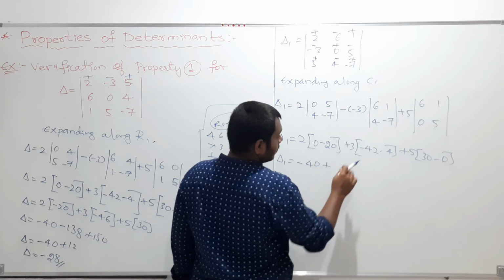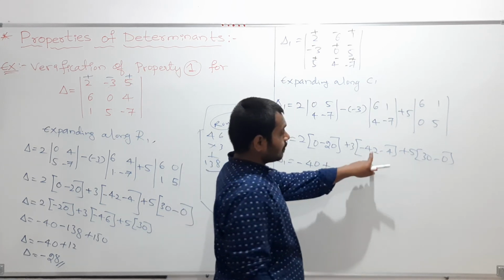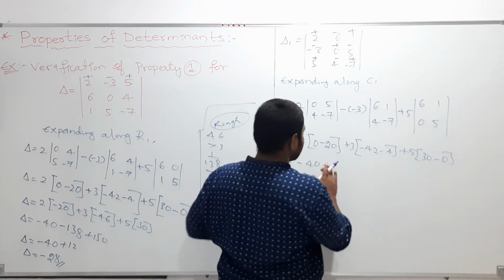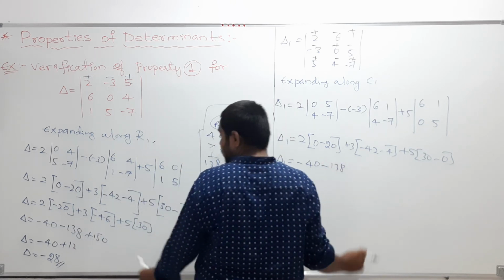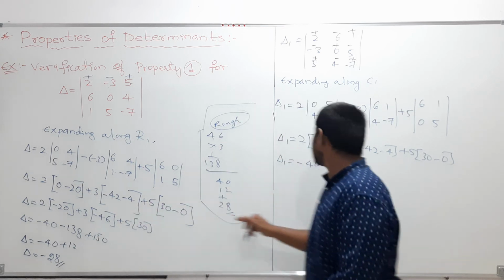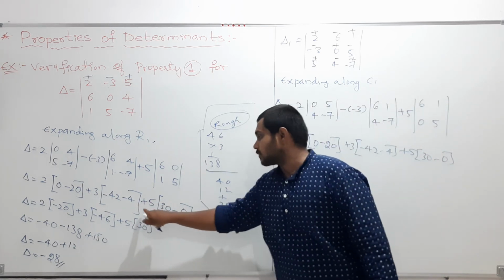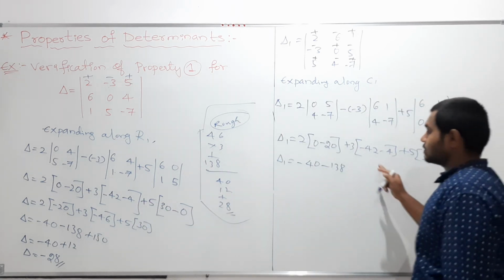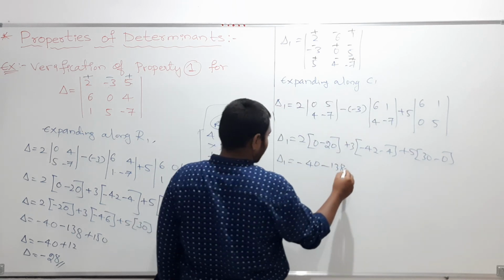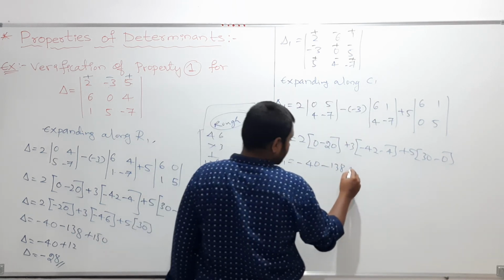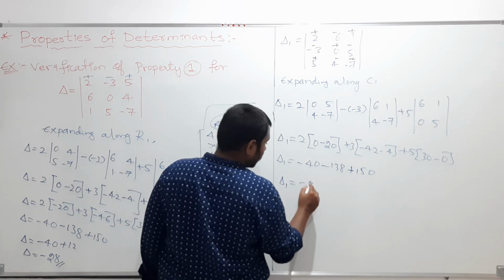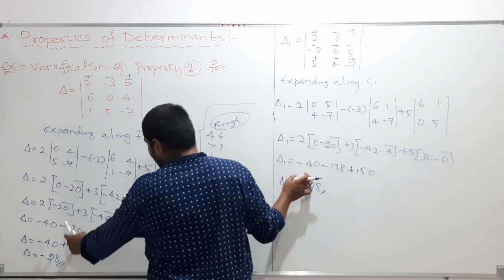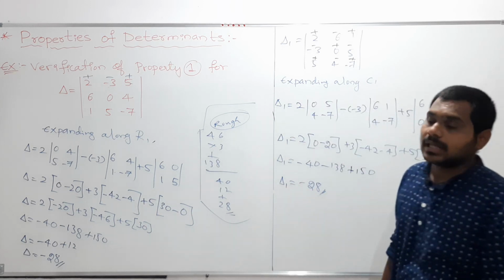Clear? Plus minus 42 minus 4 is minus 46, minus 46 plus 3 is minus 138. Then plus 150, and delta 1 is equal to minus 28. The same value, so I directly wrote the answer.